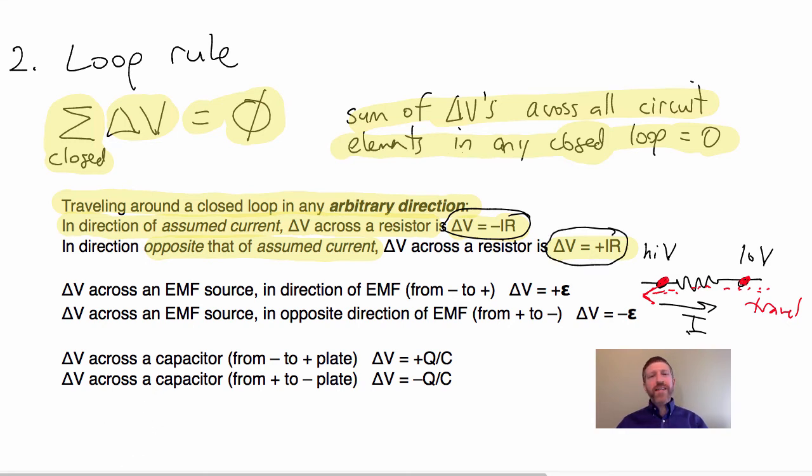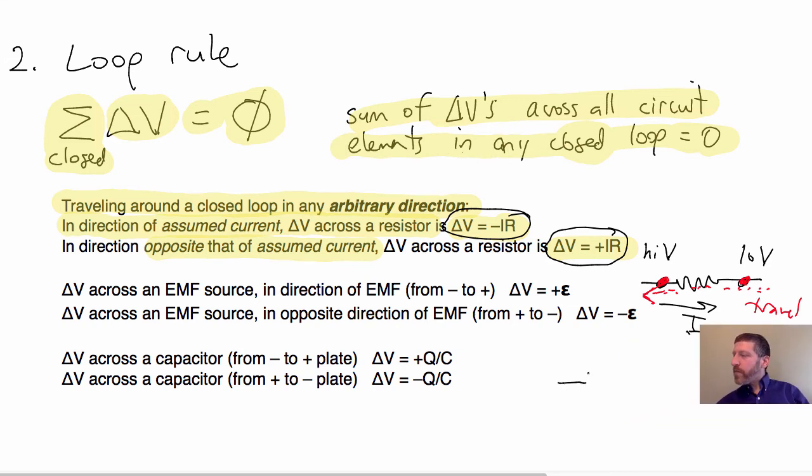Now, if you're going across an EMF source, so here's an EMF source right here, and remember that the short end is always negative, the long end is always positive. If you are traveling from the negative to positive, this is like the bottom of the hill, and this is the top of the hill.